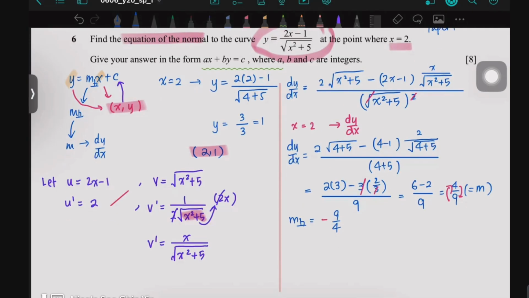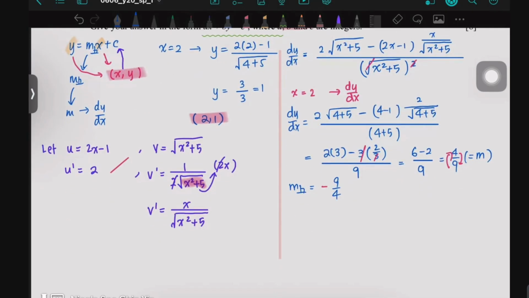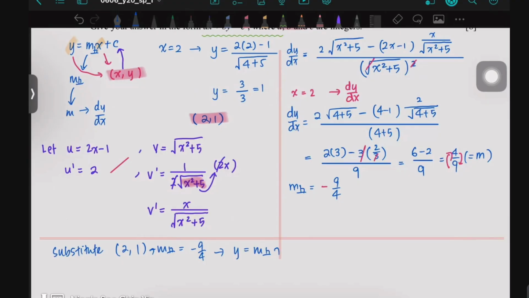Okay, so I got these two pieces of information. The next step, I can start to do the equation of the normal. So next step, I'm going to substitute the point 2, 1 and gradient perpendicular negative 9 over 4 into y equals mx plus c. So from here I will have 1 equals negative 9 over 4 times 2 plus c.